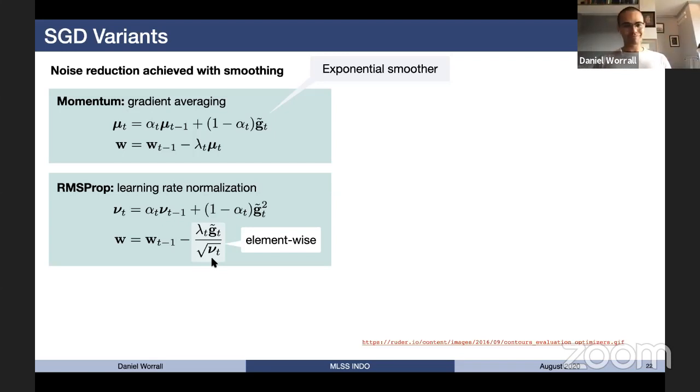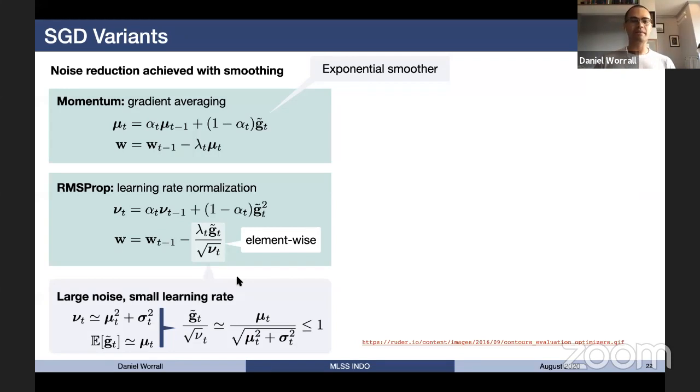My explanation, which is also hinted at in the paper, is to do with the following. Say your gradients are really, really noisy, then your square gradient is going to be really big. And you can actually approximate the square gradient as the square of the mean gradient plus some extra noise term called the variance. You can actually work this out.